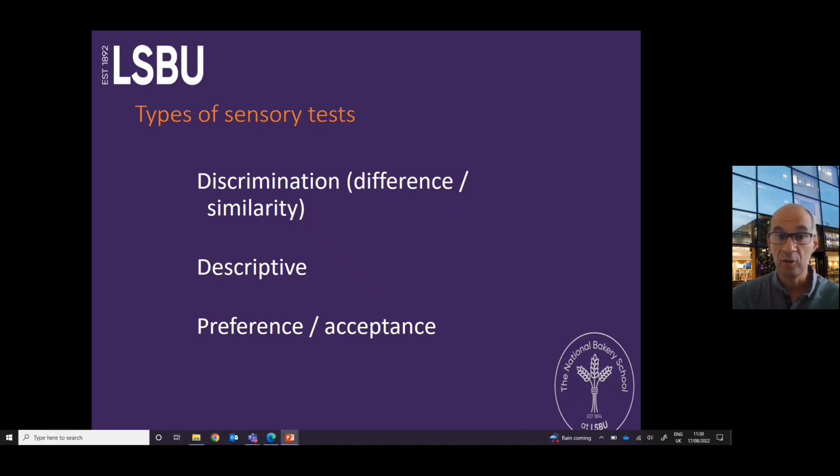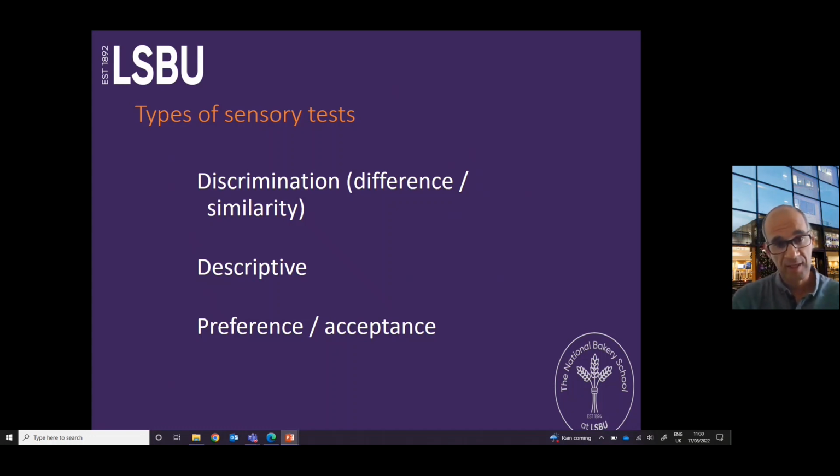Obviously, it's all coded. They don't know which one is the odd one out, and the products are presented in the same way so that they cannot visually tell which one is different. Then we have highly trained panels, and for that we can get a picture of the product for different attributes. So those are descriptive tests.